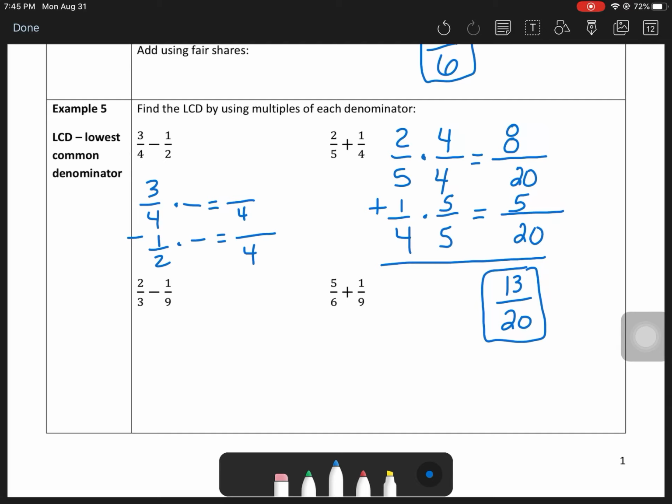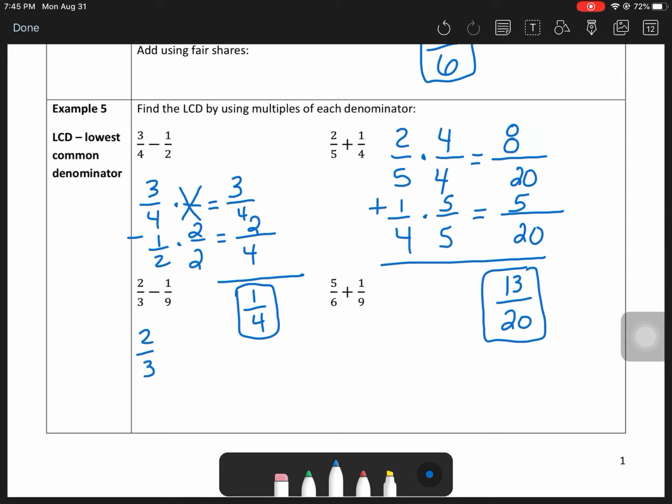Well, this was already 3/4, so I don't have to change it at all, which means I don't have to multiply. To get our denominator of 4, we get 2 times 2, which is 4, and if I multiply the bottom by 2, I multiply the top by 2. So now when I subtract, 3 minus 2 is 1, and we keep our denominator, which is our fair shares or our whole.